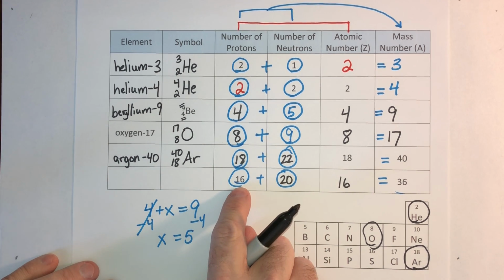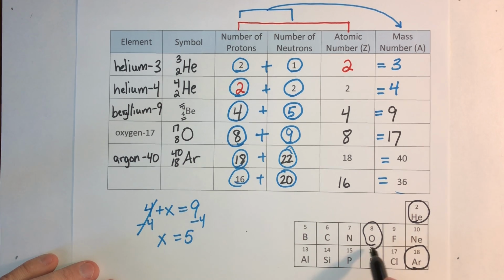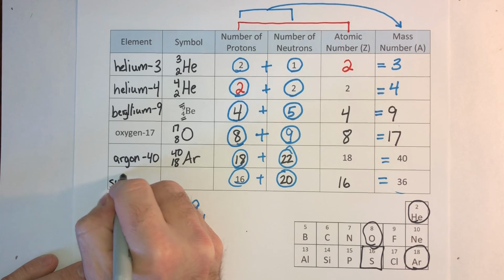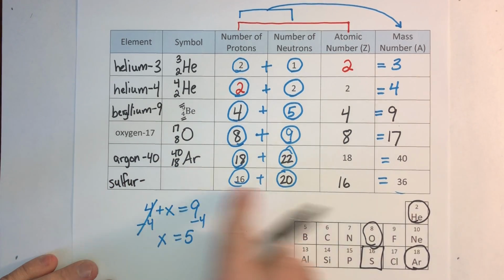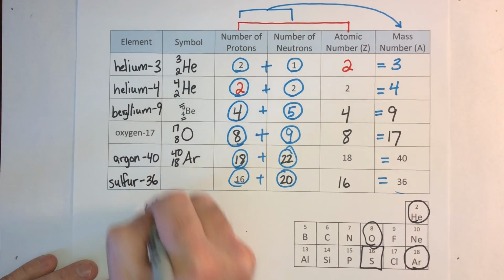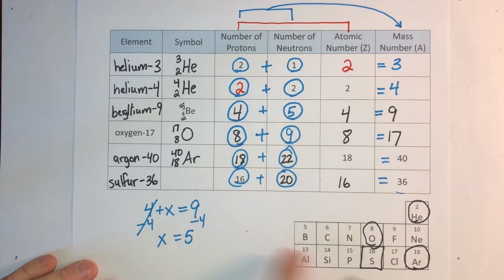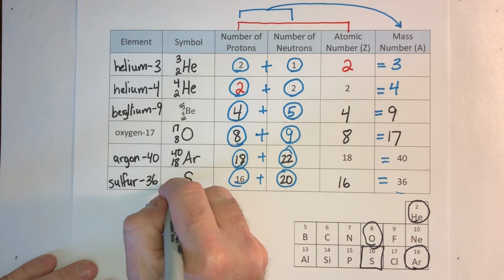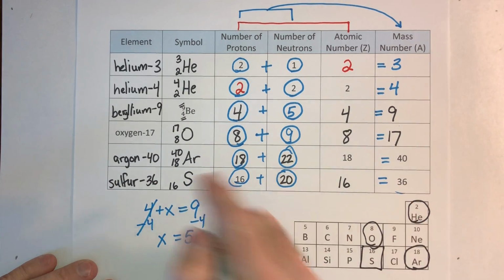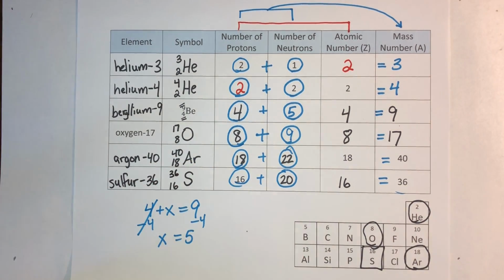If you've got 16 protons, then you are element number 16 right here. So that's a sulfur. Dash the mass number, which is 36. Symbol for sulfur is an S. Atomic number is 16. Mass number is 36.